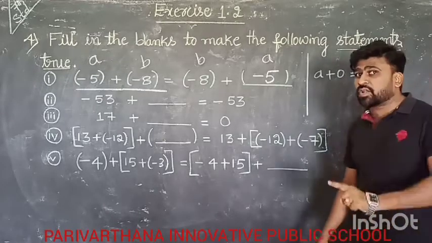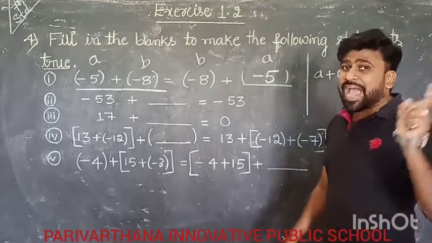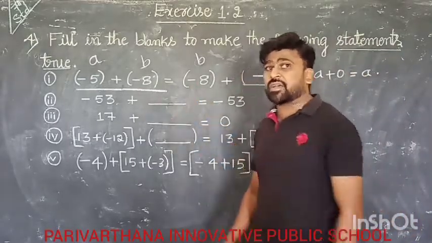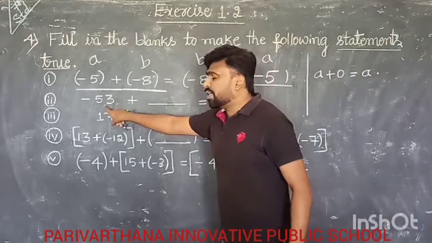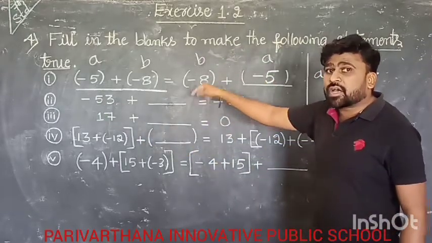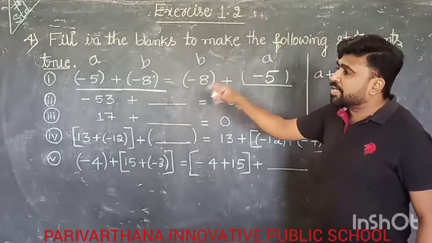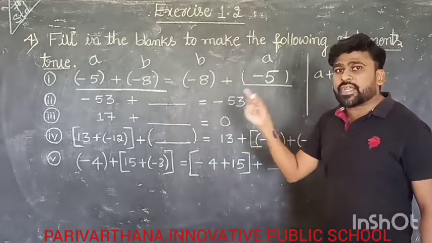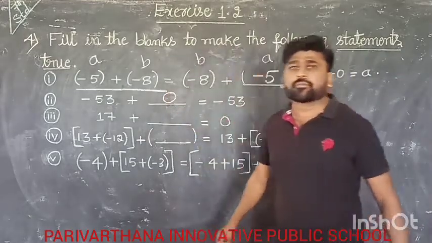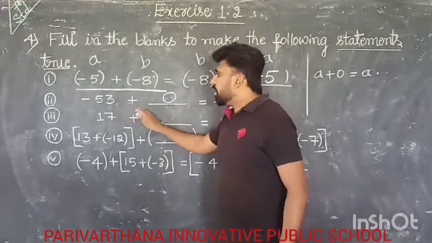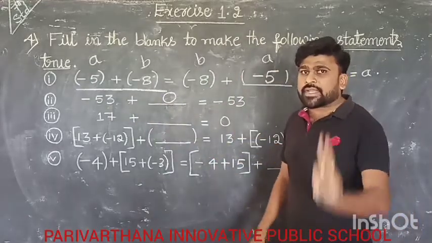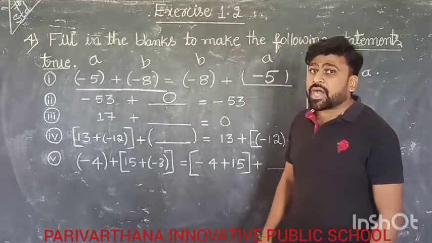If you add 0, we get the same answer. That means here minus 3, answer is also minus 3. Then what is the answer? The second problem is based on additive identity, and that will be 0. That means A plus 0 is equal to A. The second one belongs to additive identity.